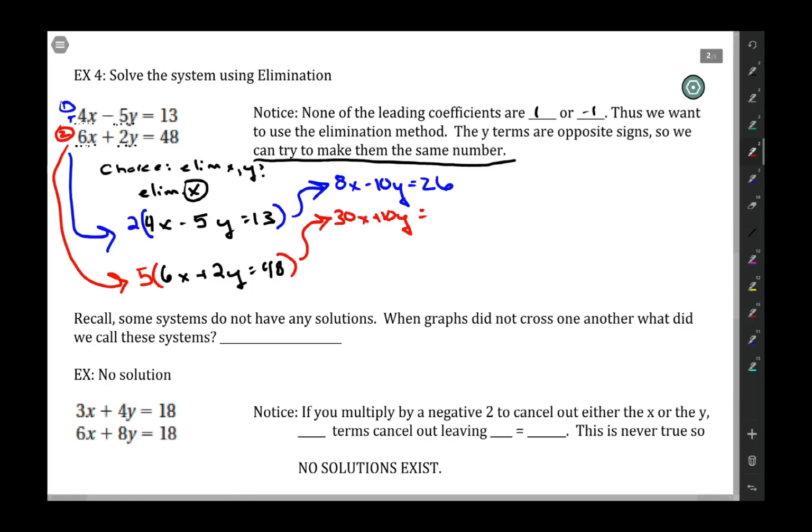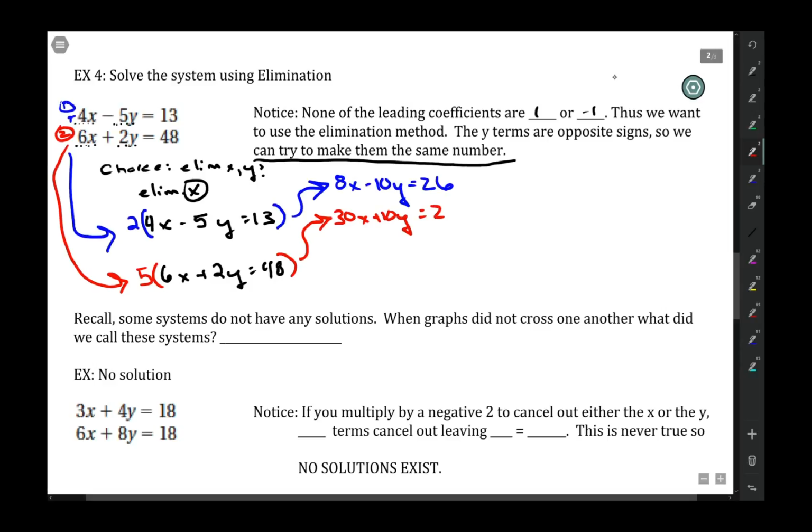Oh boy. 240. And once we have our opposites to add, so notice this is negative 10y, that's positive 10y. That's what we wanted. If we now just add straight on down, 8x and 30x is 38x. These are eliminated. 26 plus 240.